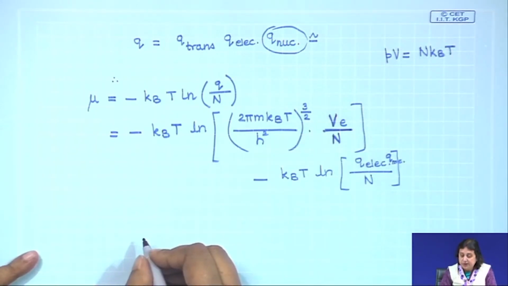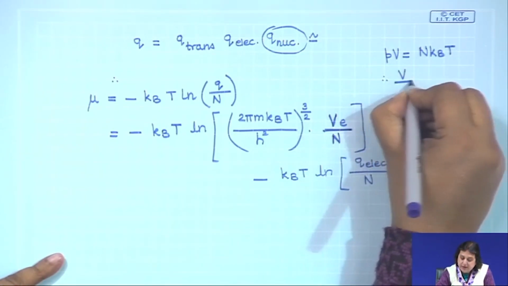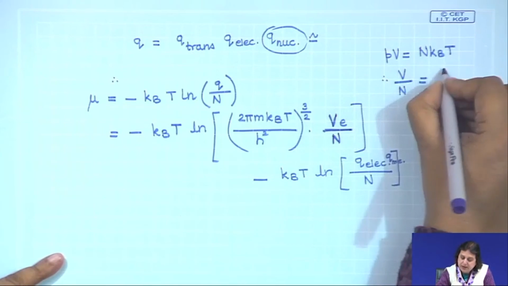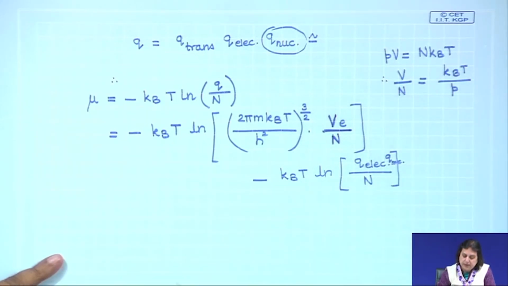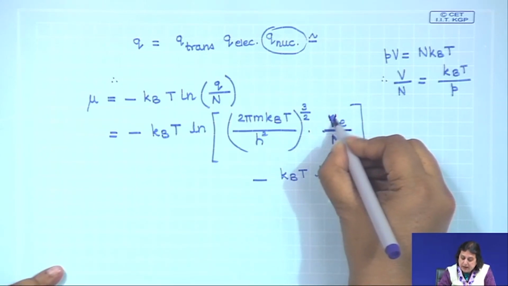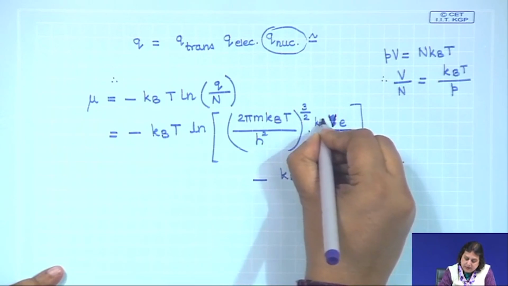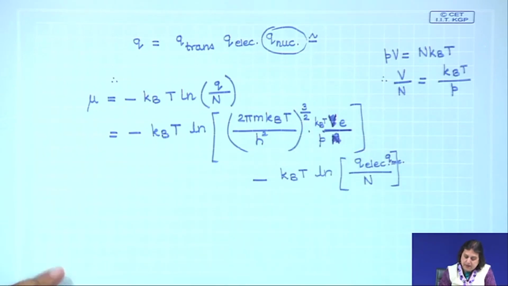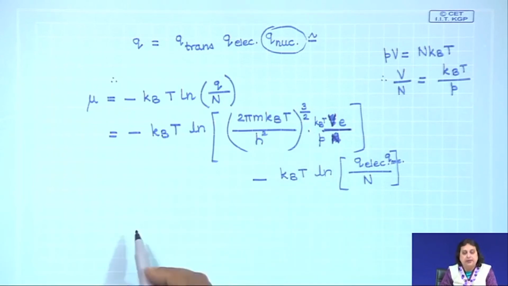Therefore, V divided by N must be equal to kBT by P. So instead of V by N, I will write this as kBT by P. Now, I take out this pressure dependent term.